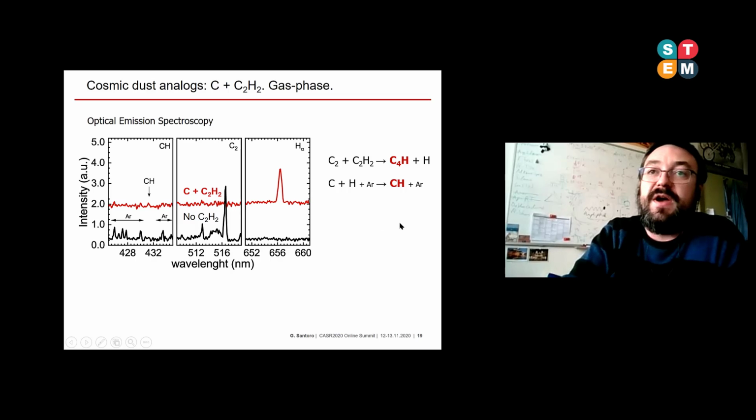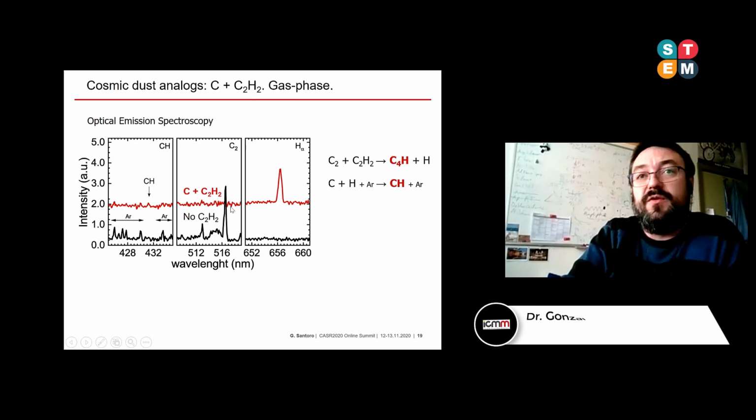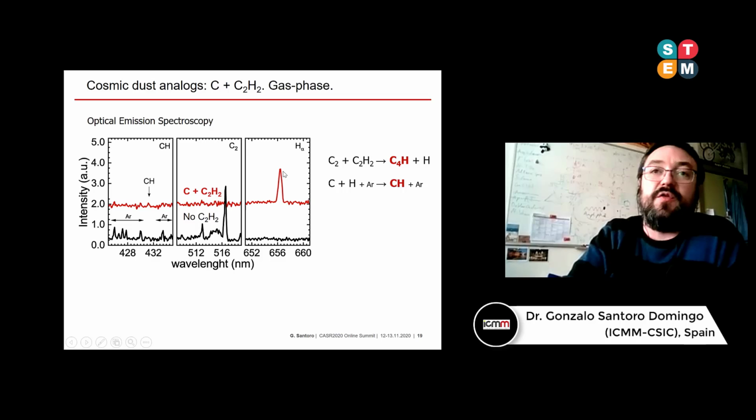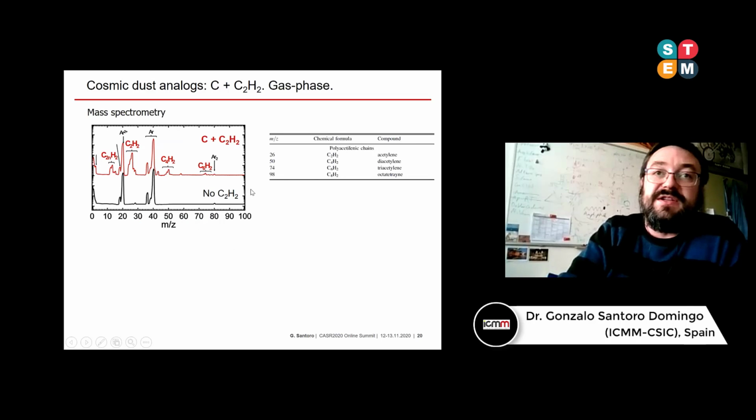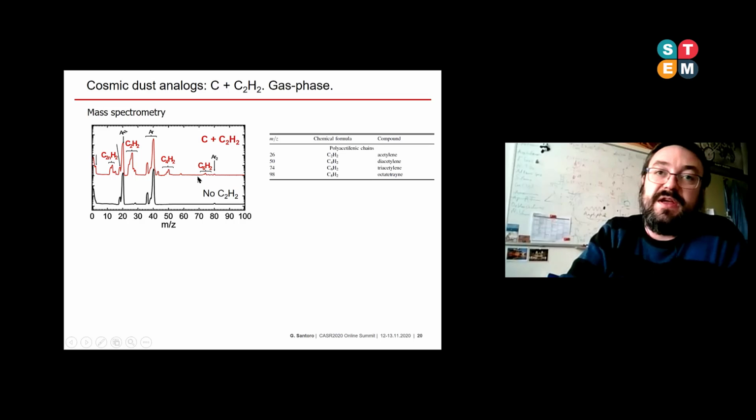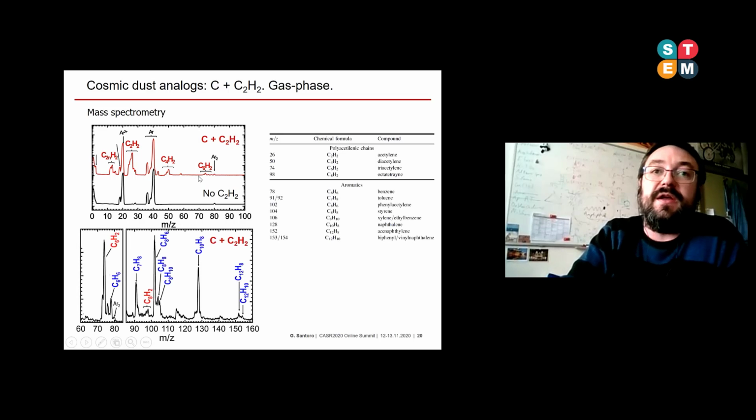So we identify these as the possible chemical reactions leading to the consumption of diatomic carbon and the appearance of the emission from atomic hydrogen. As in the previous case, we perform mass spectrometry. Okay, in this case, even with higher sensitivity, and we observe first just a kind of polyacetylenic chains.